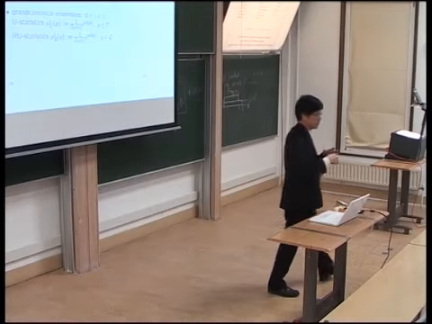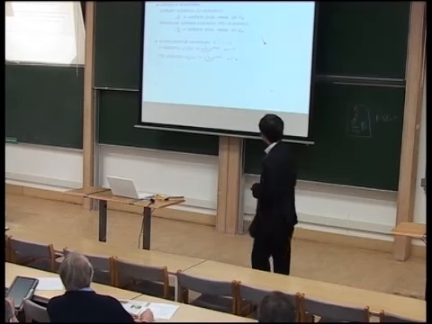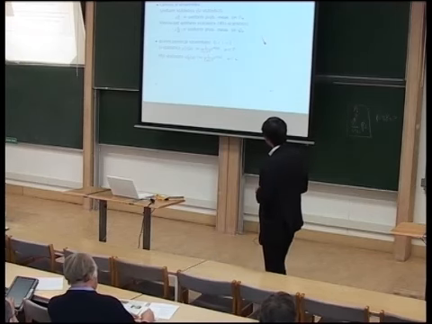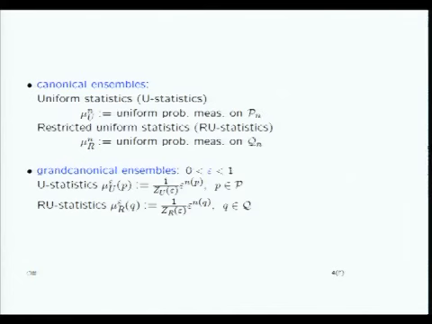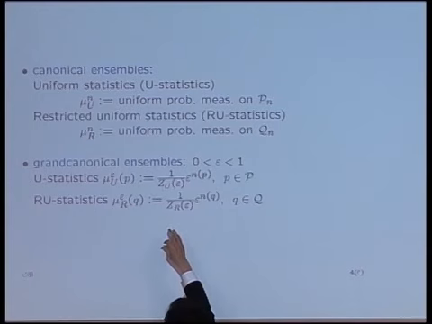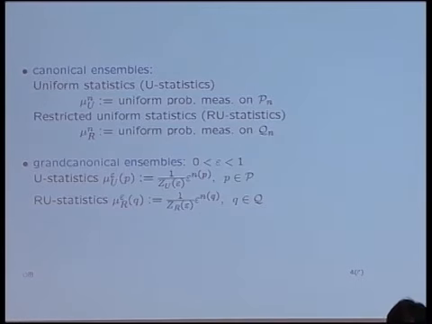So this is a superposition of the canonical ensembles, as usual in statistical mechanics. And I also define the grand canonical restricted uniform measure in a similar way.